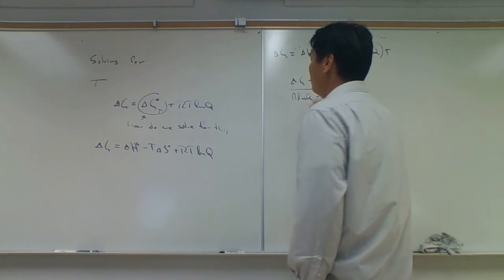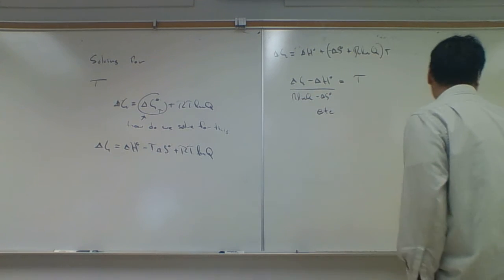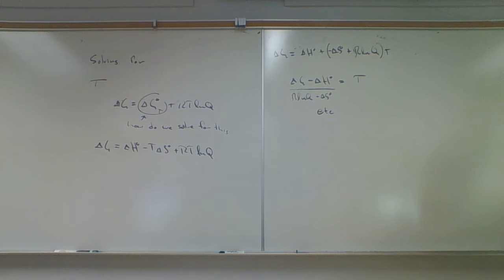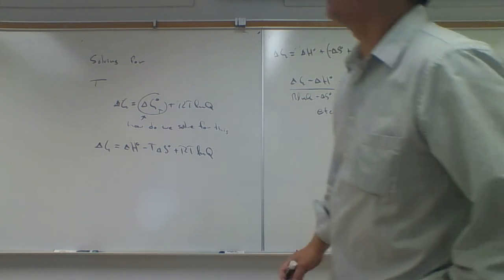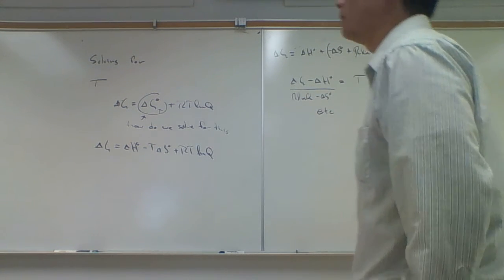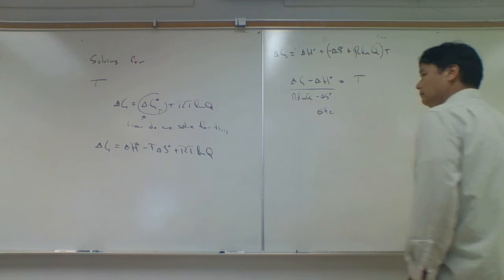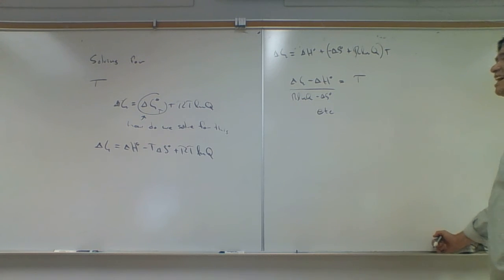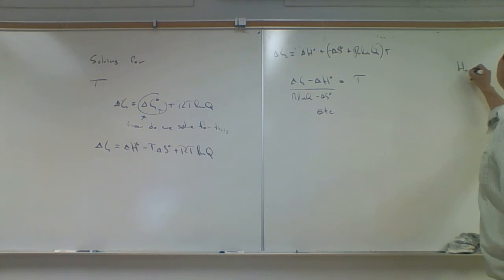etc. And so what we'll do are things like this, but why would we want to be able to solve for T? Why we want to be able to solve for T is because we want to do something. And so what we want to do is something like this. And this is what I'm going to have you do. I'm going to have you do some calculations. The first calculation is this.